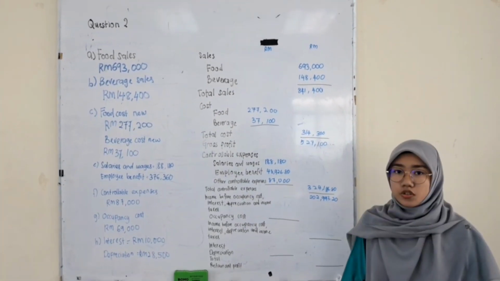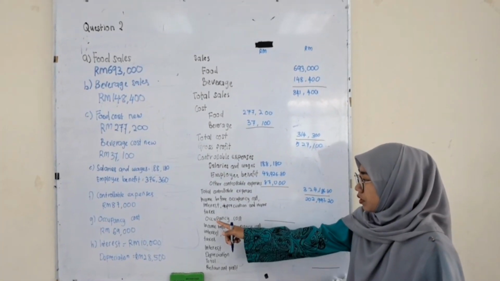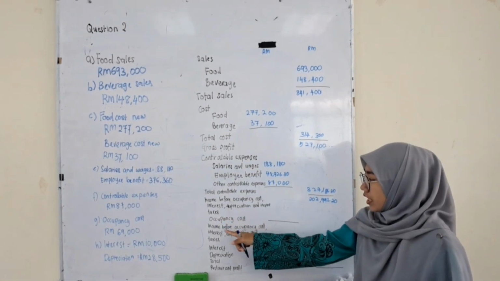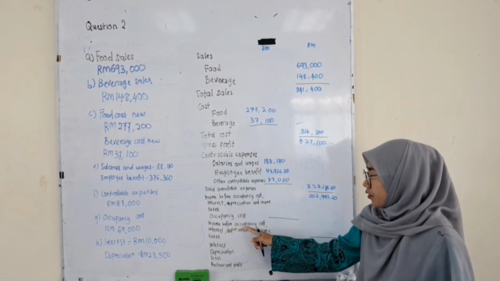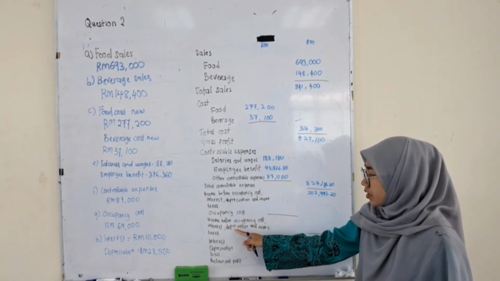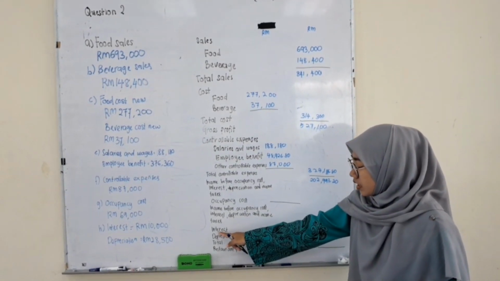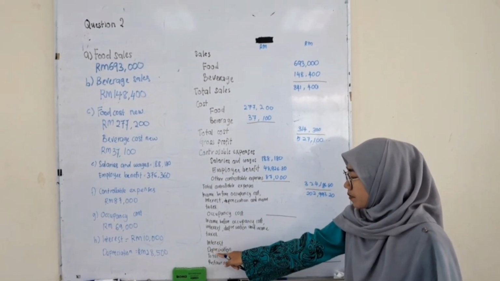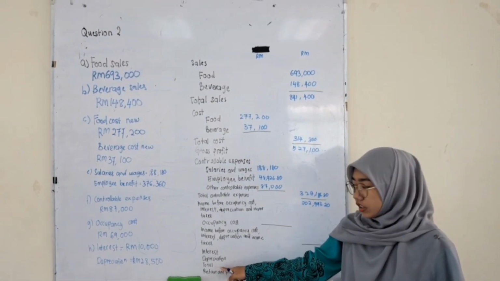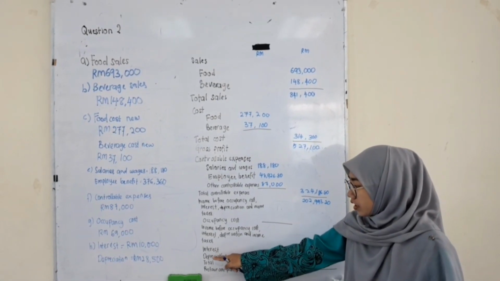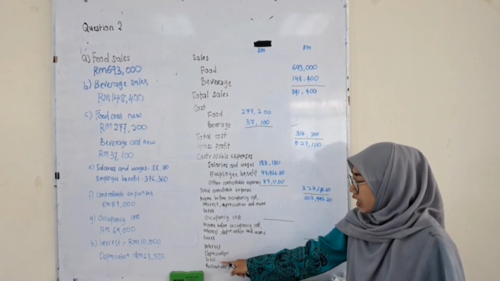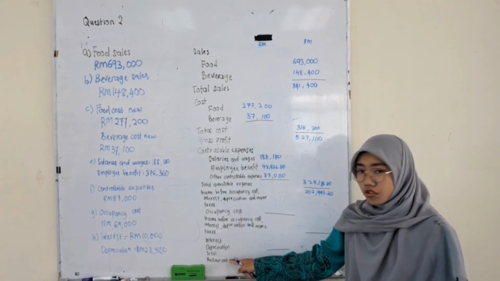So now we will fill in occupancy cost, and then we can get income before interest, depreciation, and income tax. After that, we subtract interest and depreciation, and we get the total. And from the total for interest and depreciation, we subtract to get the restaurant profit.